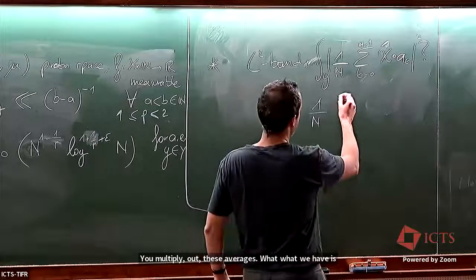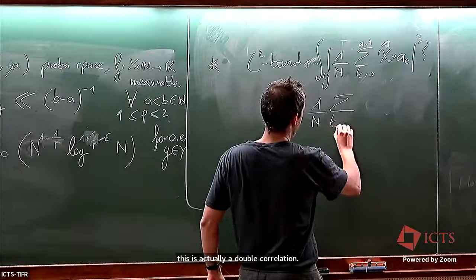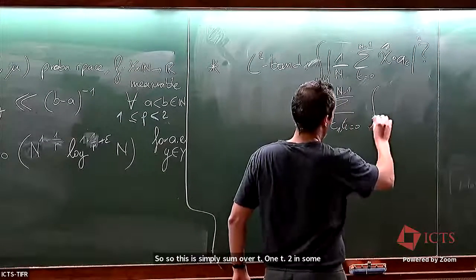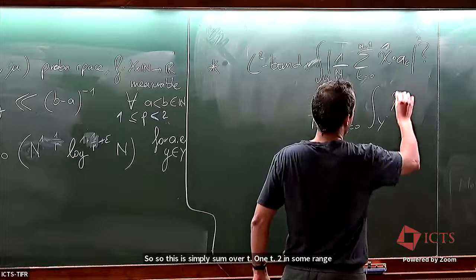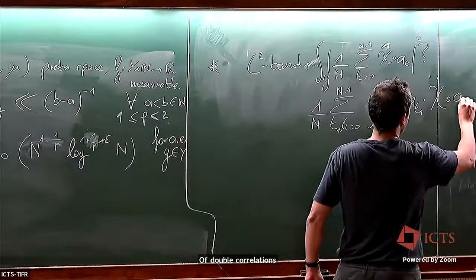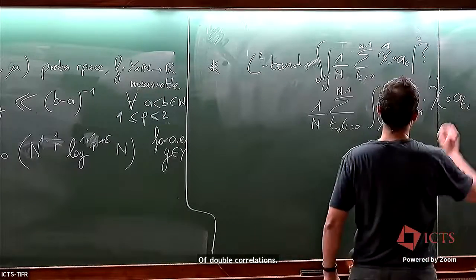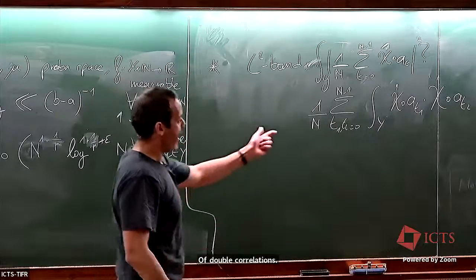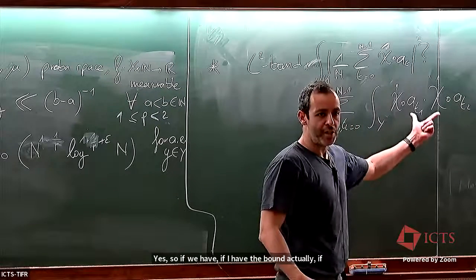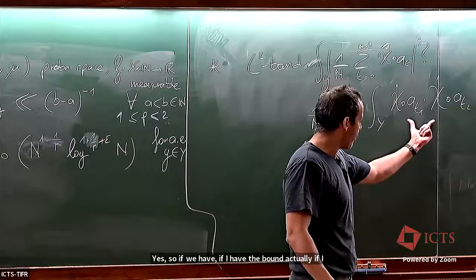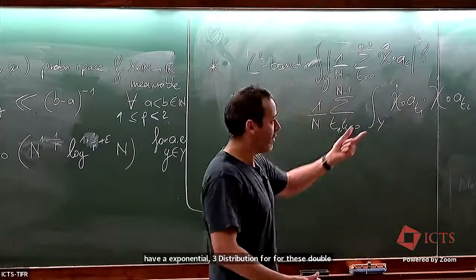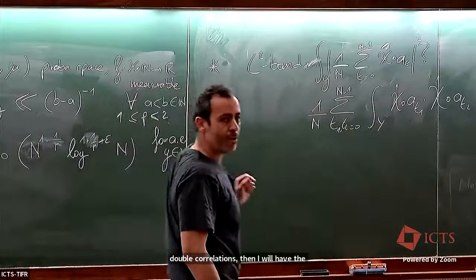So this is simply a sum over T1, T2 in some range of double correlations. If I have an exponential equidistribution for these double correlations, then I will have the desired bound for my L2 norm.